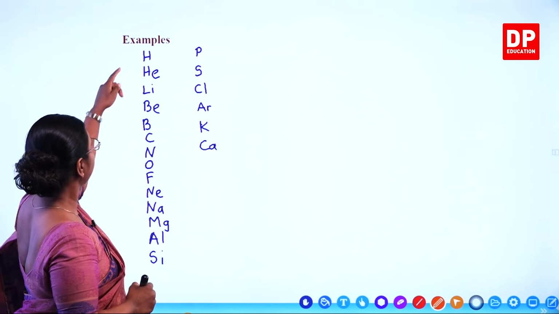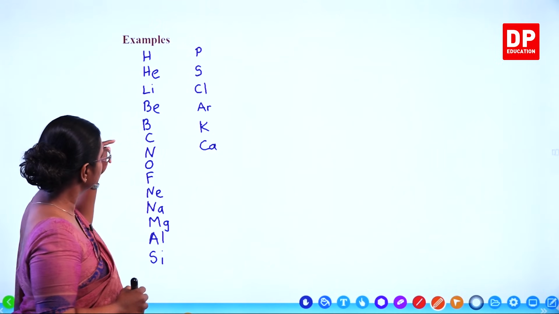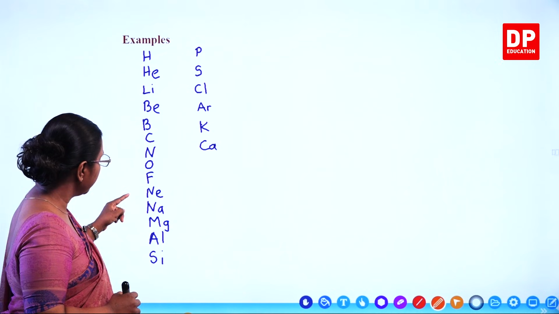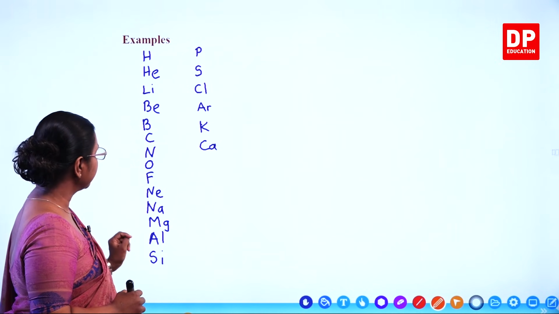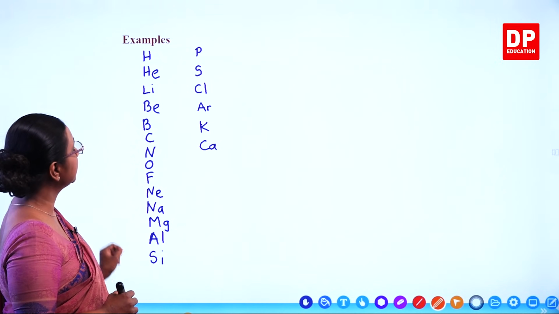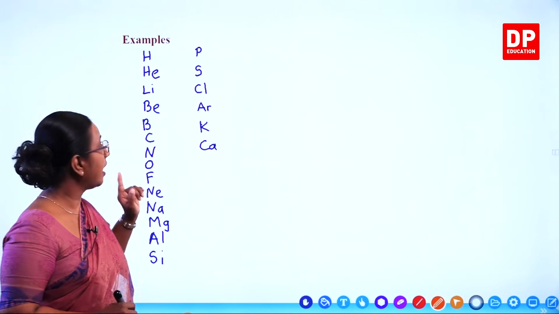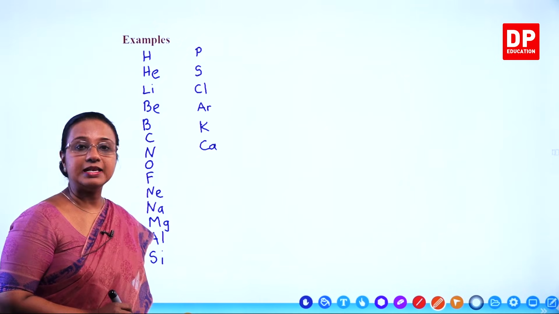So you can see hydrogen, helium, lithium, beryllium, boron, carbon, nitrogen, oxygen, fluorine, neon, sodium, magnesium, aluminium, silicon, phosphorus, sulfur, chlorine, argon, potassium and calcium.